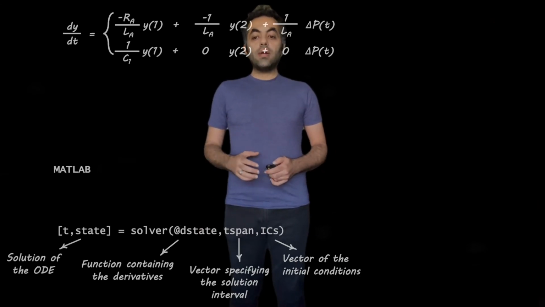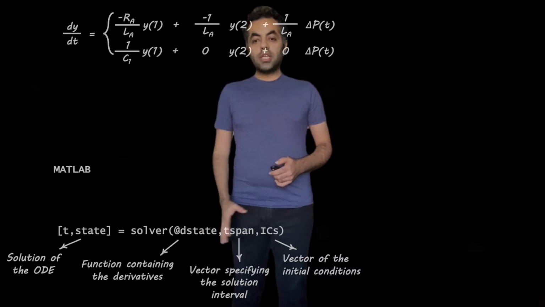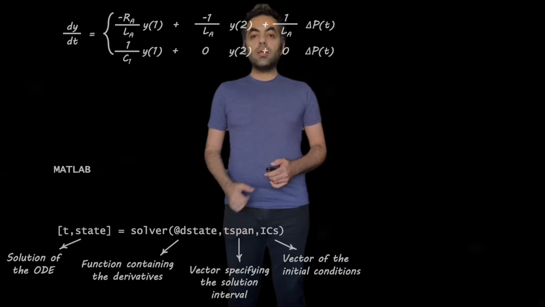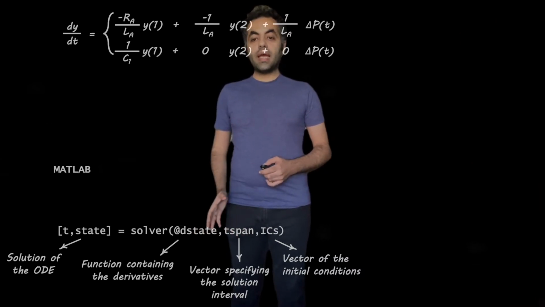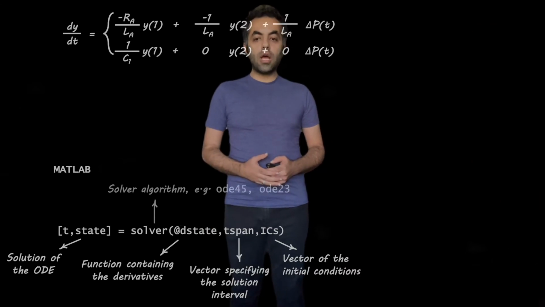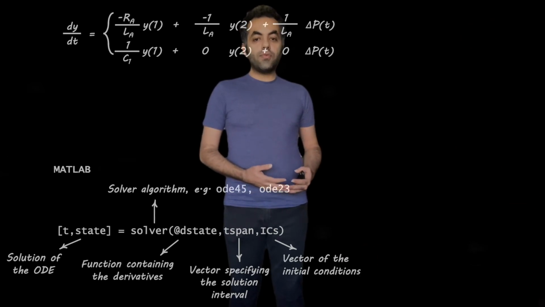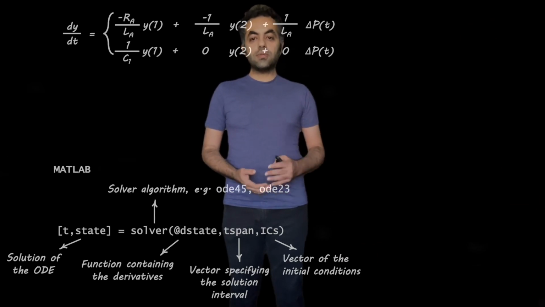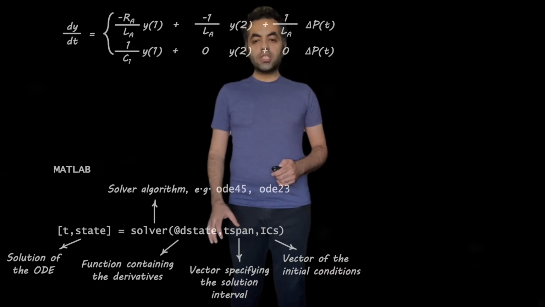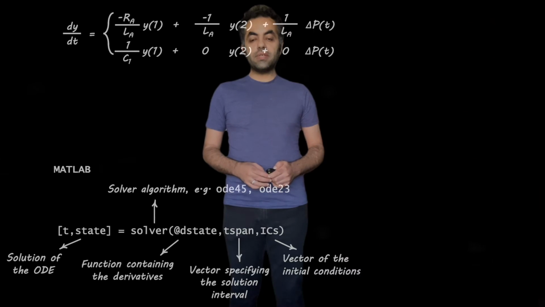Then, by running this syntax, we can find the solution for our ODEs. There are different solver algorithms, as I mentioned, like ODE45, which we are going to use today. So let's start with this function containing the derivatives and see how we can build it.